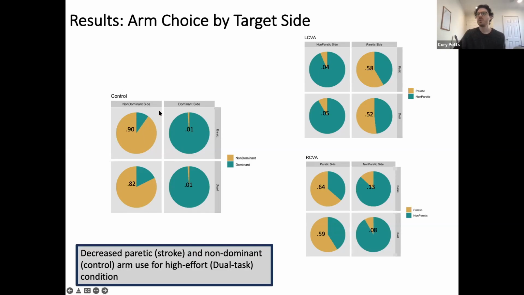Looking at the pattern overall, participants are using the non-dominant arm more frequently for the non-dominant left side, and the dominant right arm overall for the dominant right side. In terms of efficiency, this makes sense.